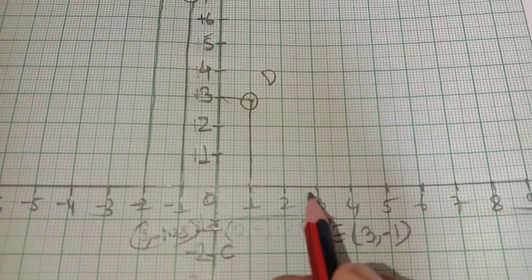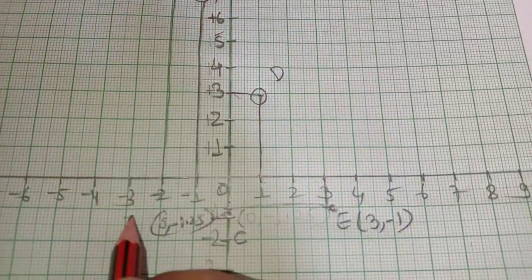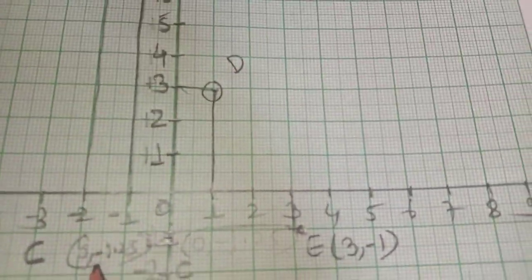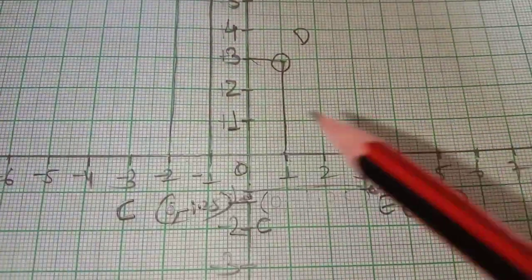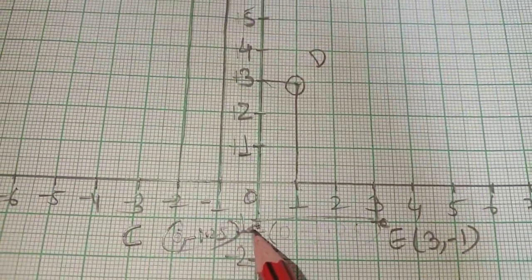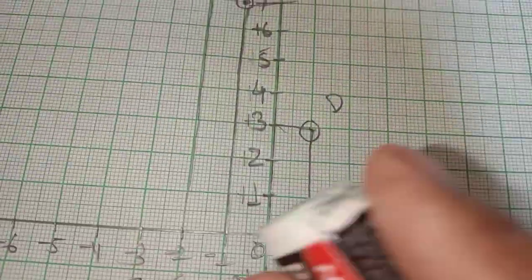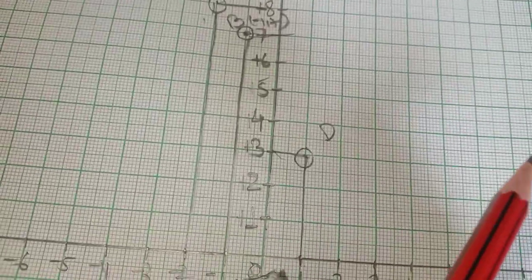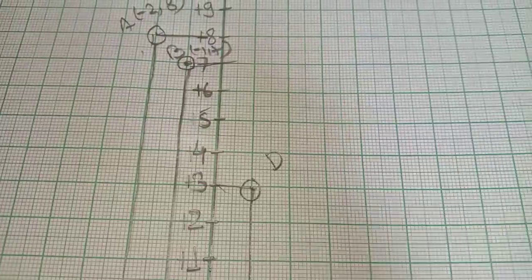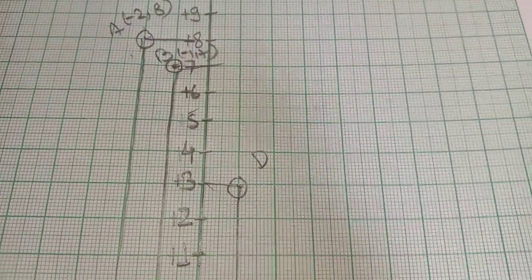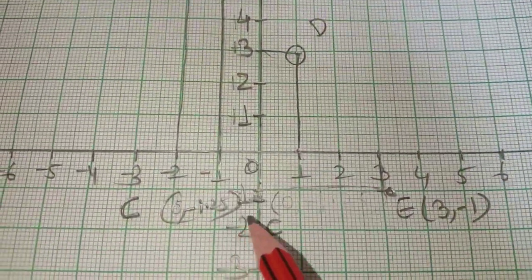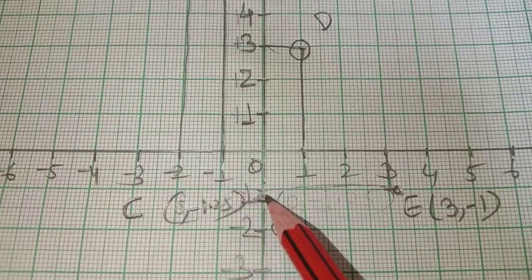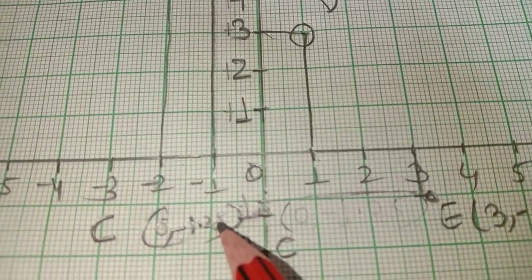Instead of C here, because E is already here, you will get confused, so this is C: -1.25. -1.25 means after 1, you select one point here. Make it clear, because the graph point becomes a little difficult. So take a point somewhere before half. So it is 0, -1.25.